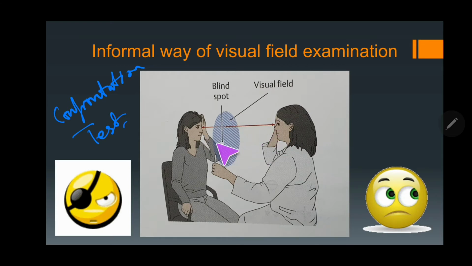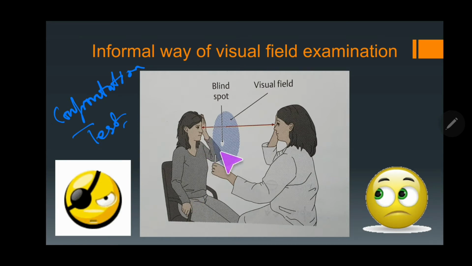Then the examiner, with the help of a pen or a finger, brings it from the periphery, slowly moving it towards the center of the visual field, and the subject is instructed that as soon as she sees the pen or the finger coming into her visual field, she should point to it with the other hand.